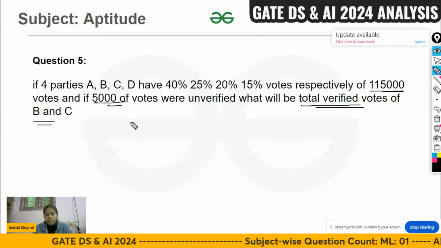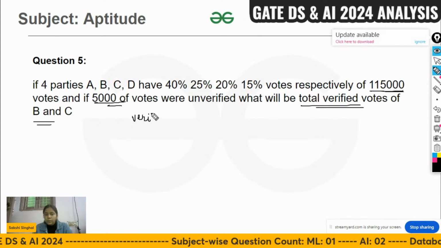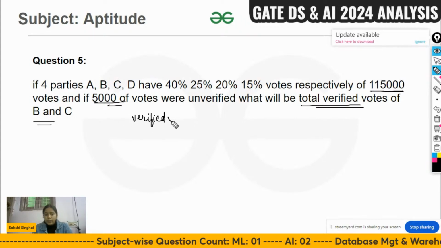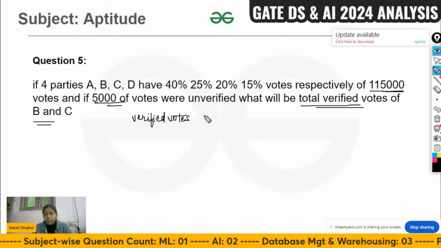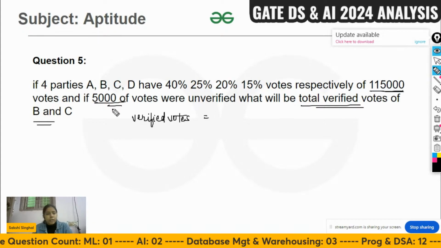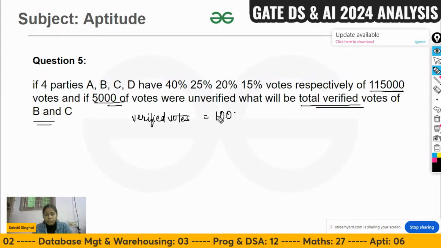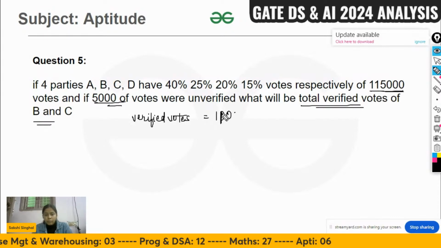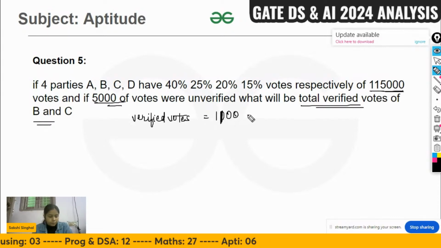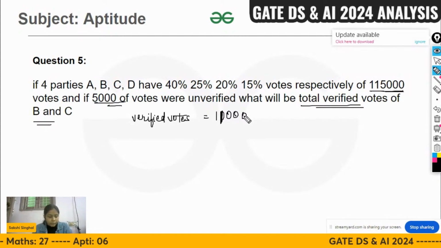Total verified votes. So first find out the verified votes. So how many verified votes are there? 1,15,000 minus 5,000. So that would become 1,10,000. Right, Jignesh. Right, Anupam and Jignesh. So B and C is this.